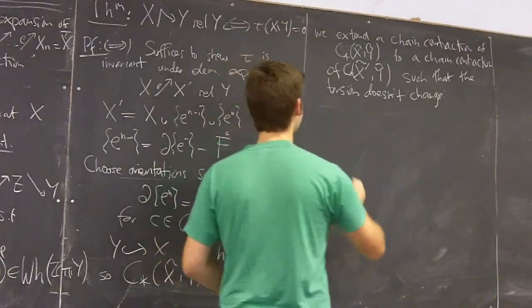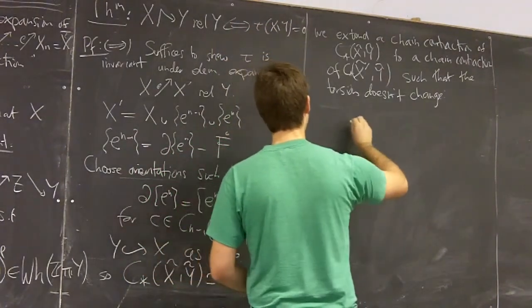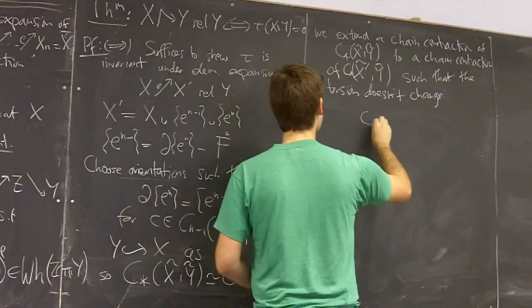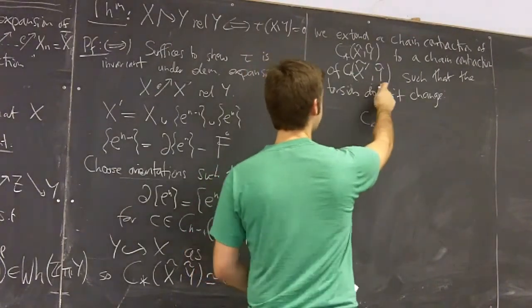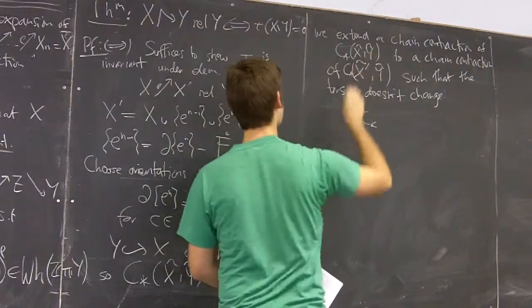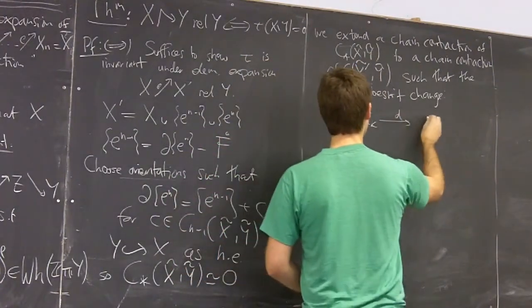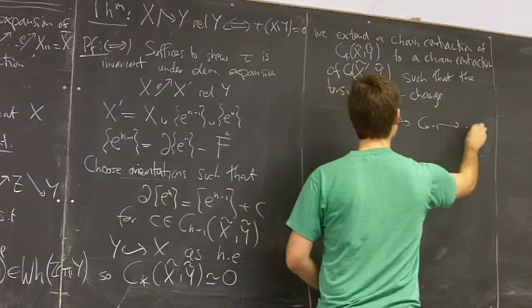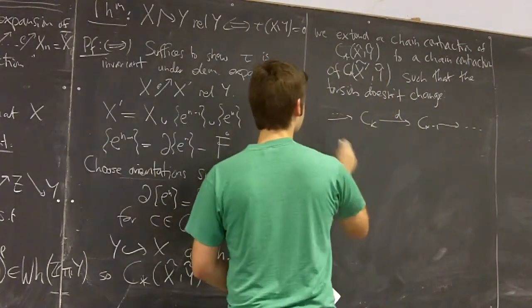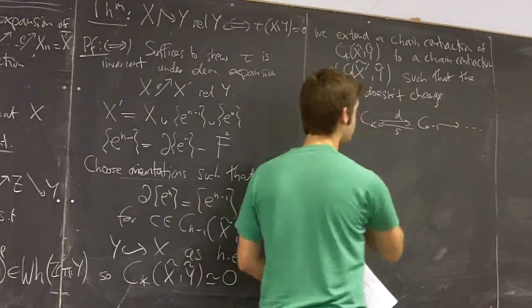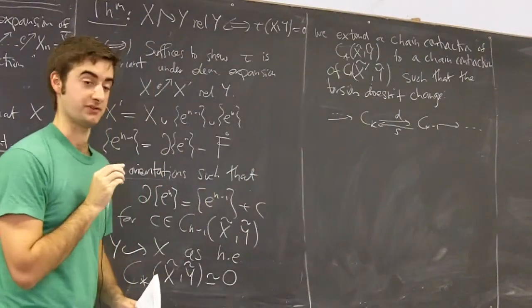So what that means is we've got, so this C_k is going to denote the first chain complex. So you've got the boundary map, you've got C_{k-1}, dot dot dot, and you have a chain contraction, which is this map S going in the other direction.